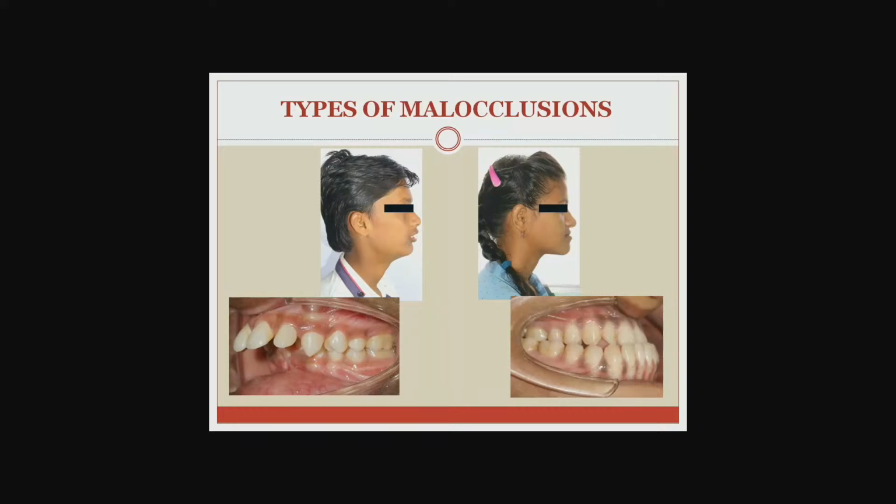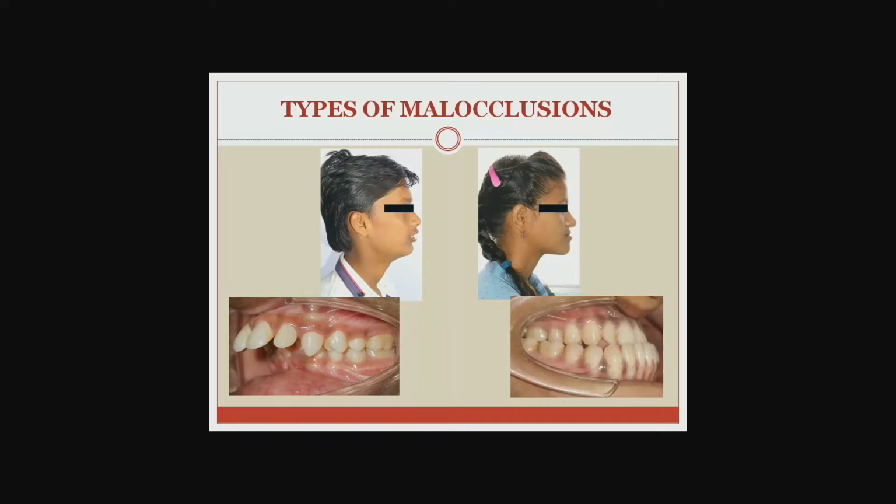When you come across such deformities, either in growing individuals or in adults, you can say that this is a malocclusion and needs the consultation of an orthodontist and a specialist dental surgeon.